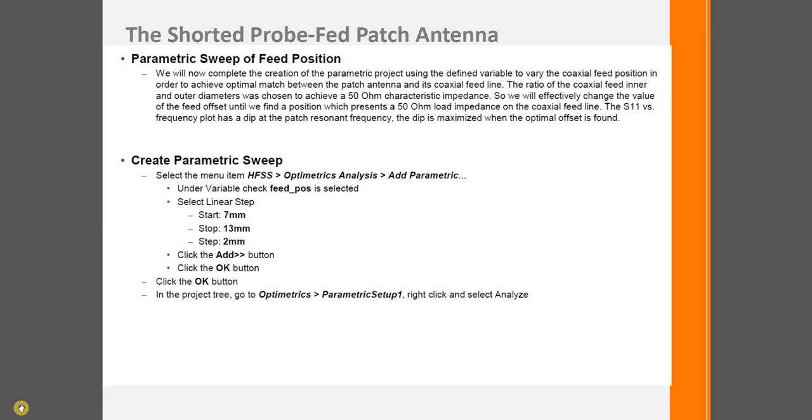And the ratio of the coaxial feed inner and outer diameters is chosen to achieve a 50 ohm characteristic impedance. So effectively we can change the value of the feed offset until we get our desired result, which presents a 50 ohm load impedance of the coaxial feed line.